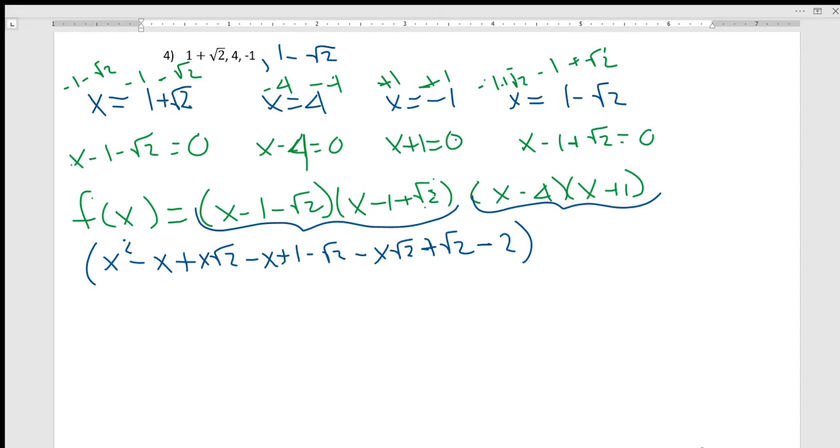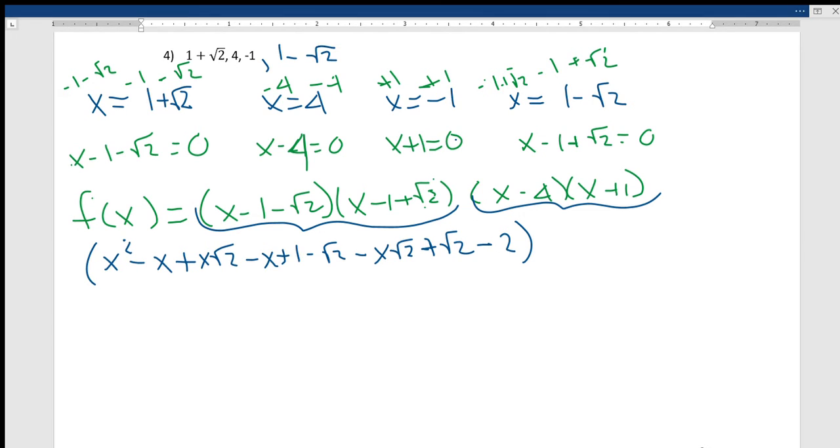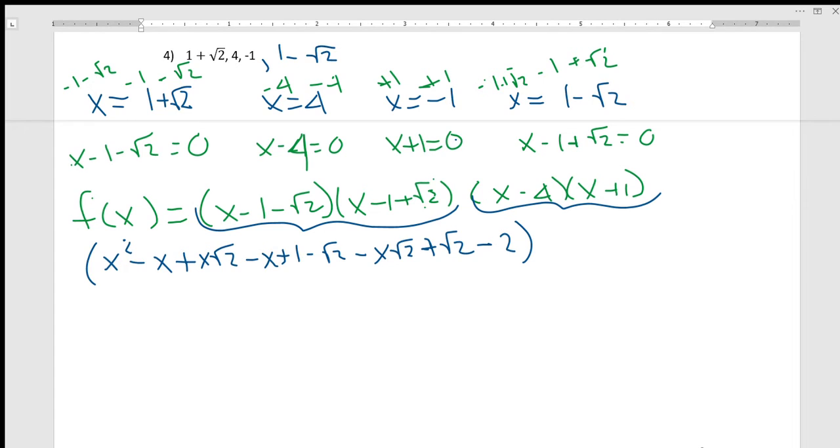Okay, when we look at all of those terms and start combining our like terms, you will notice that we have a positive x root 2 and a negative x root 2, and they cancel out. We've also got a negative square root of 2 and a positive square root of 2 that cancel each other out.